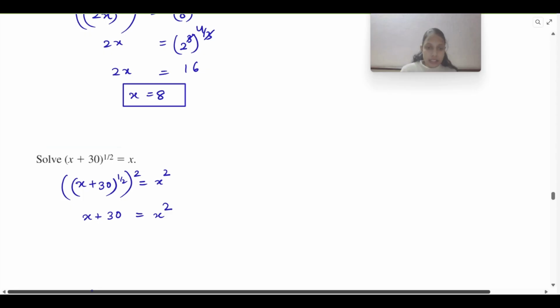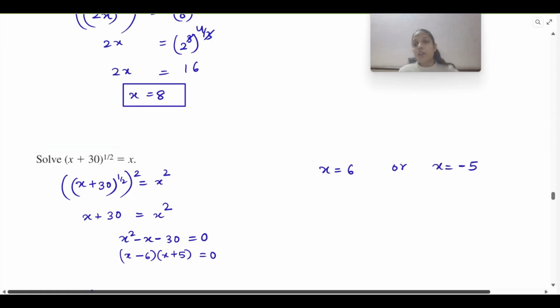Shift everything to the other side. x squared minus x minus 30 equals 0. Now find the factors. Minus 6 plus 5 is negative 1, minus 6 multiply 5 is negative 30. So x minus 6 times x plus 5 equals 0. x equals 6 is one solution, or x equals negative 5 is another solution.